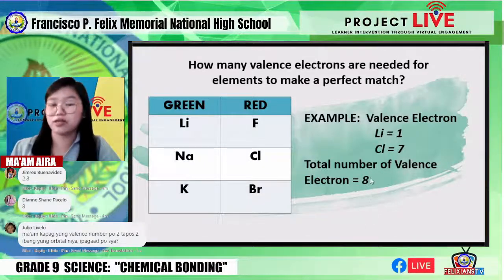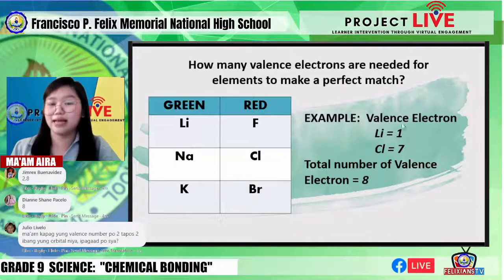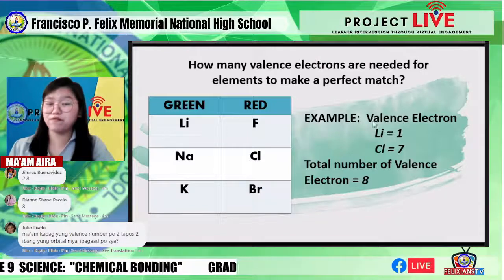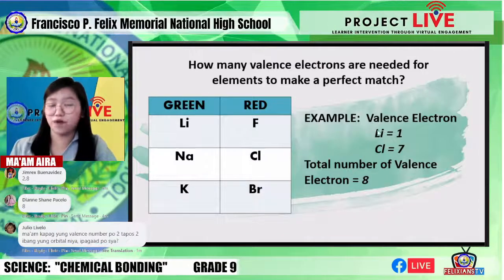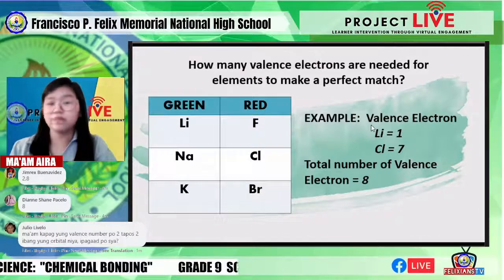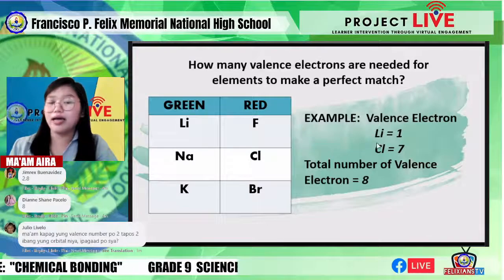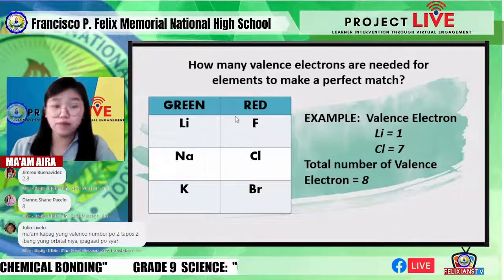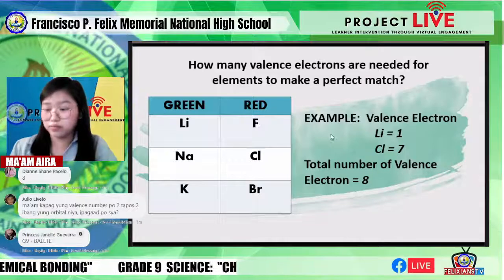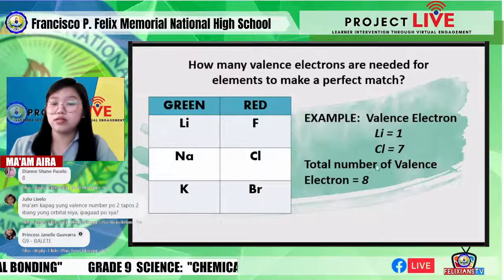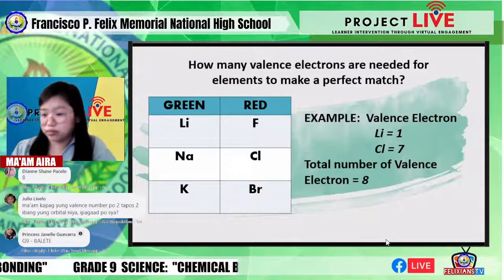Just type in the total number of valence electrons and which elements you picked. You just have to follow this format: the valence electrons of the two elements you picked from the green and red columns, and then the total number of valence electrons.